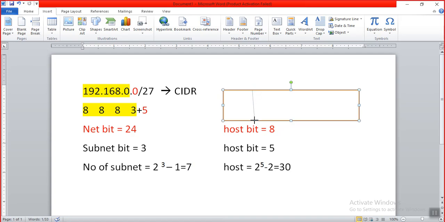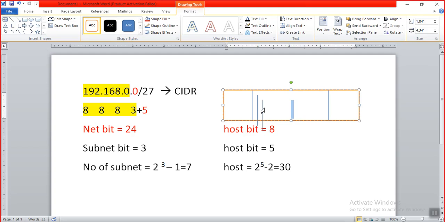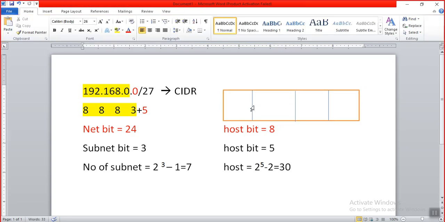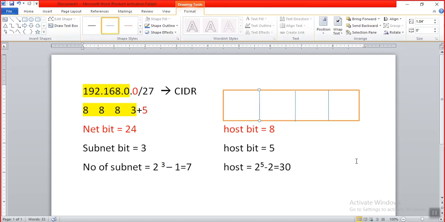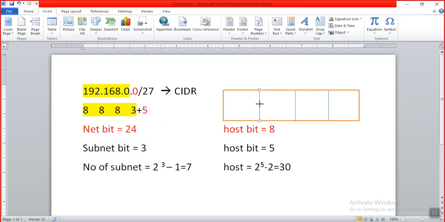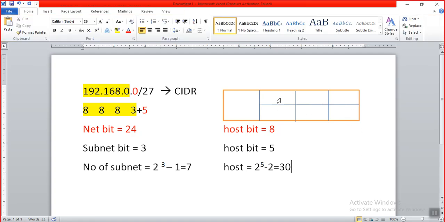Say this is one room. So how many rooms are there? 1, 2, 3, 4, 5, 6, 7.